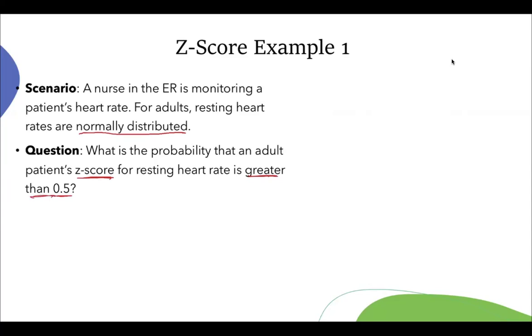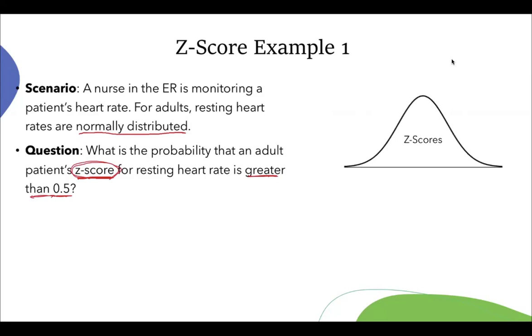Notice that we don't have a given mean and standard deviation for this distribution, but we know the mean and the standard deviation simply because this is given to us as a z-score. The heart rate is given to us as a z-score of 0.5.